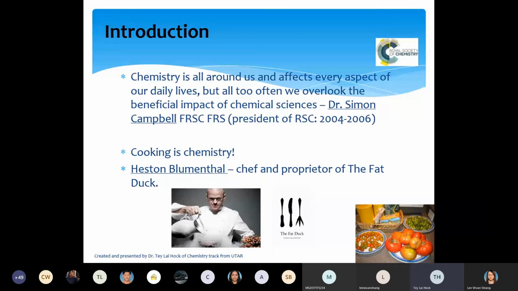Of course, cooking is chemistry. The chef shown here is Blumenthal, founder of his restaurant known as the Fat Duck. He is famous for using liquid nitrogen.